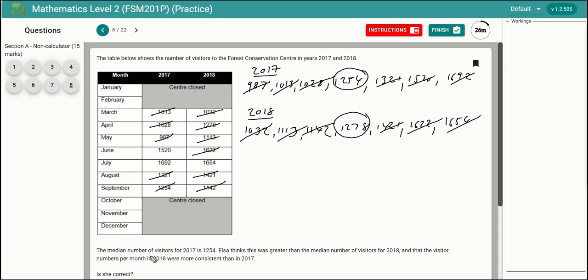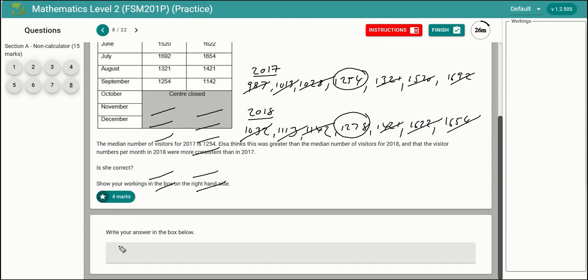Elsa thinks that the median number of visitors for 2017 is 1,254, which we didn't actually need to work out, that's a bit annoying, but never mind. Elsa thinks this was greater than the median for 2018. Okay, so here Elsa is wrong. Let's just scroll down a bit.